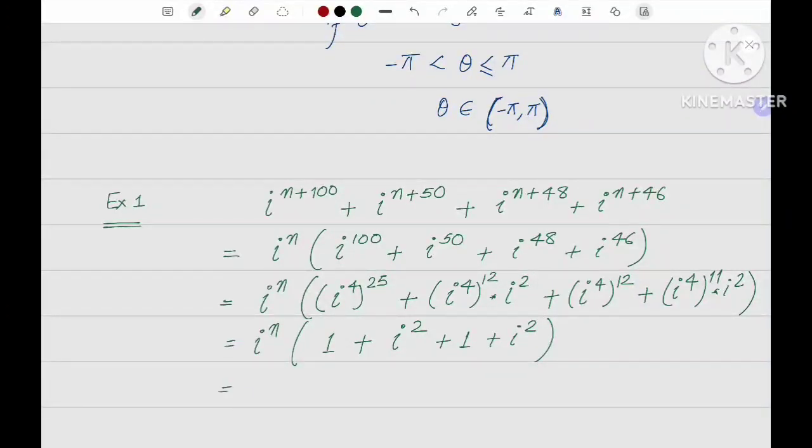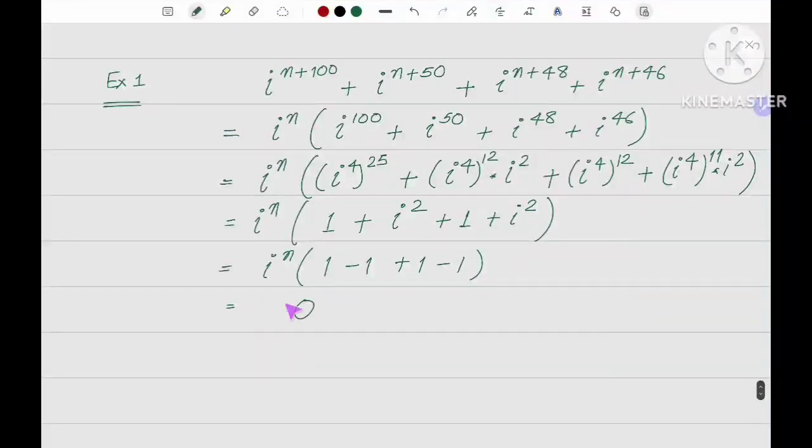So i to the power n times 1, i square is minus 1, plus 1, i square is minus 1, and this is giving me 0. So the answer of this example 1 is 0. If I simplify this expression, I will get 0. So it is a simple question, right? You can try it once again and let me know if you have any doubt.